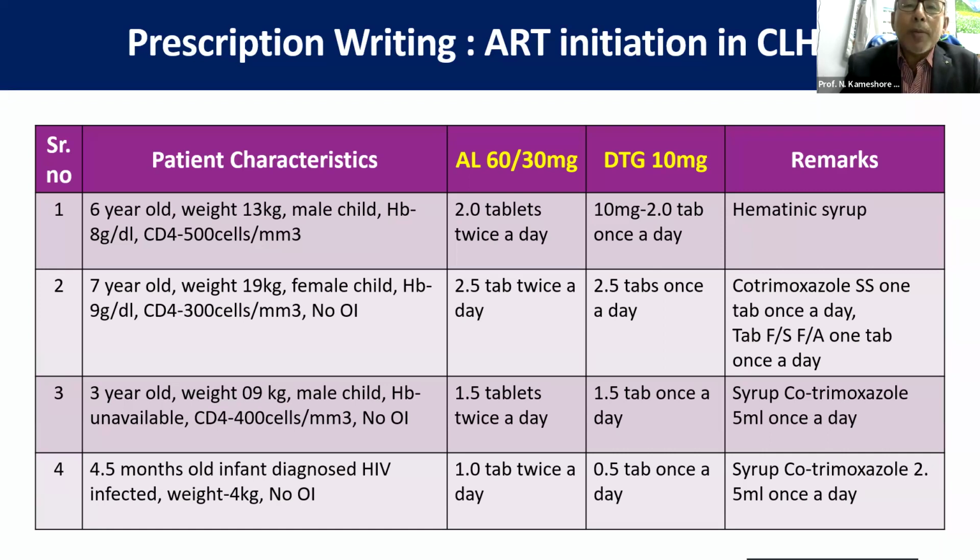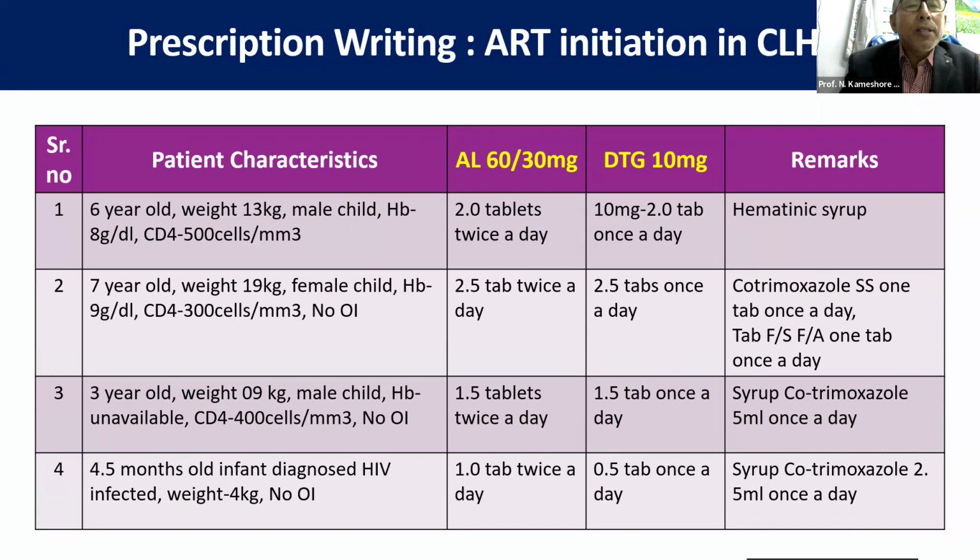DTG 2 tablets once daily of 10 milligram. As the hemoglobin is 8 gram per deciliter, we can add hematinic syrup of iron, elemental iron in the dose range of say 2 to 6 milligram per kg per day.